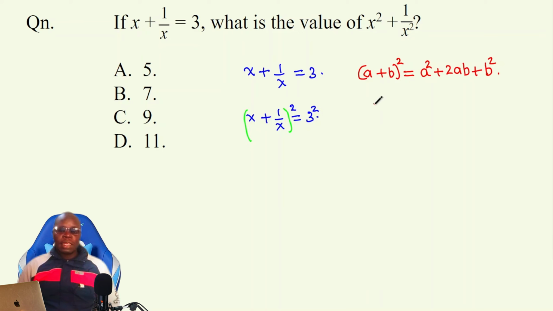Now you can see that a is corresponding to x from our question here, and our b is corresponding to 1 over x.